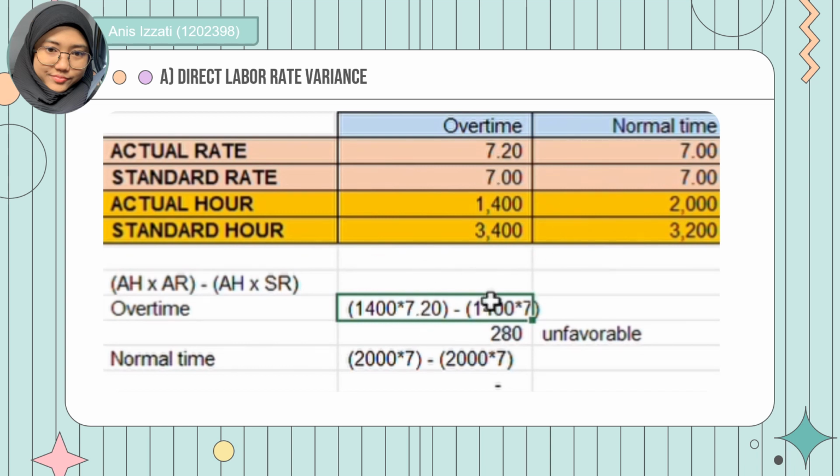And then we minus both of it and we will get 280. So it becomes unfavorable. Because if we look at the actual rate and also the standard rate, it's exceeding the standard rate for overtime. So we can say it is not favorable, it's not efficient. So for normal time, if we calculate it, we will get 0.